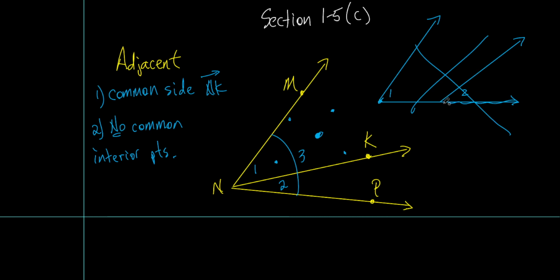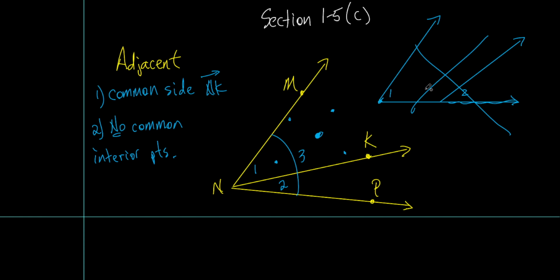Well, it's close because this little bit is common, right? But this is not common, right? Even though it intersects, it doesn't mean it's a common side. Angle 1 does not share this ray whatsoever, so you can't say that's adjacent. We good? Yeah. Okay.